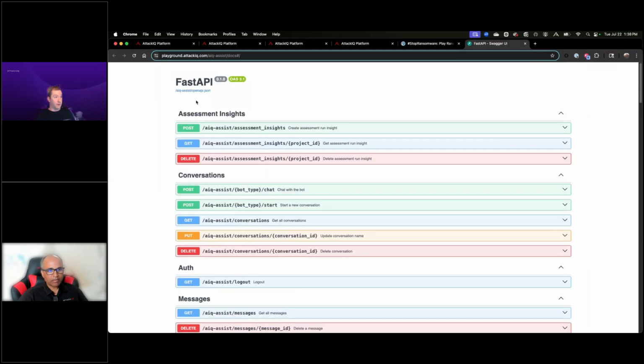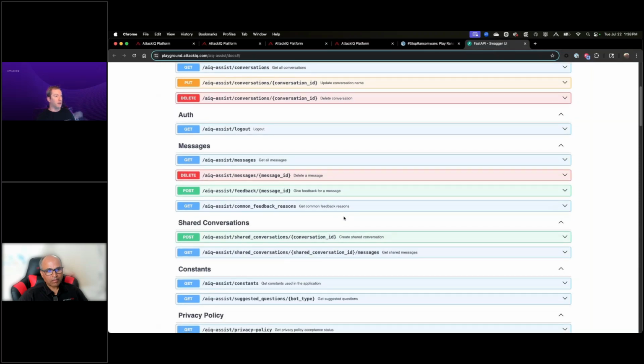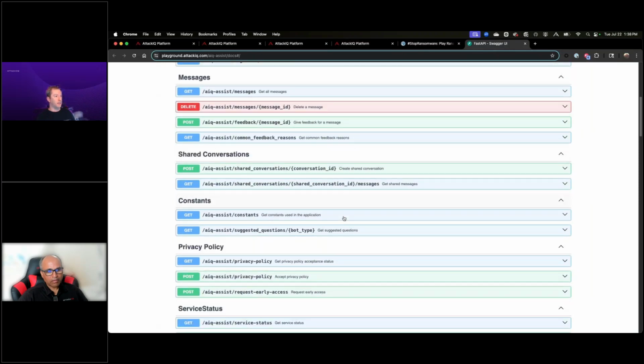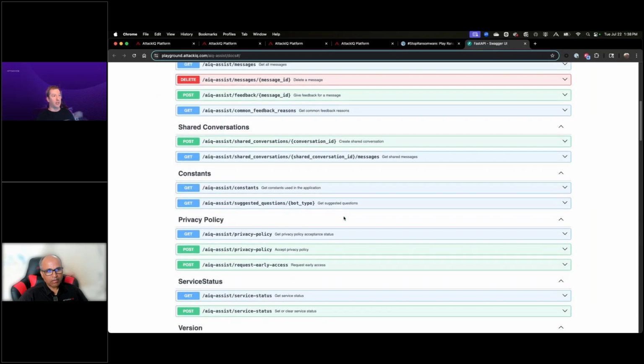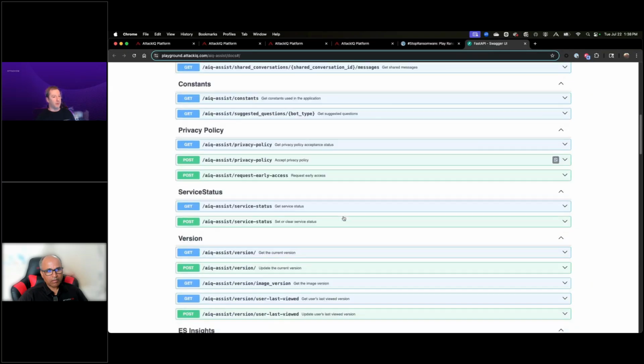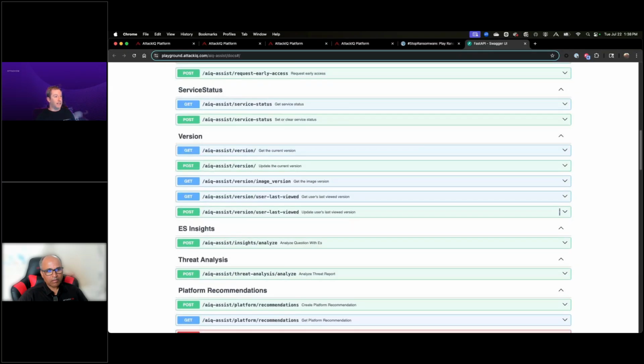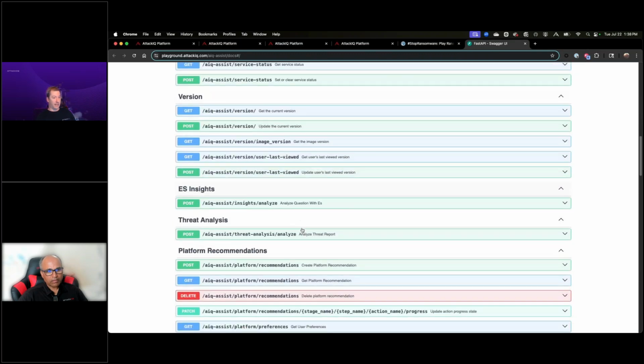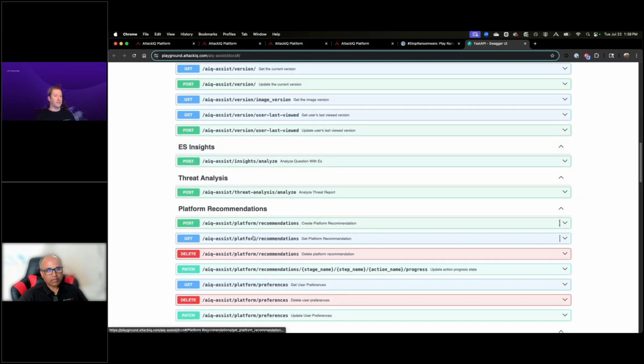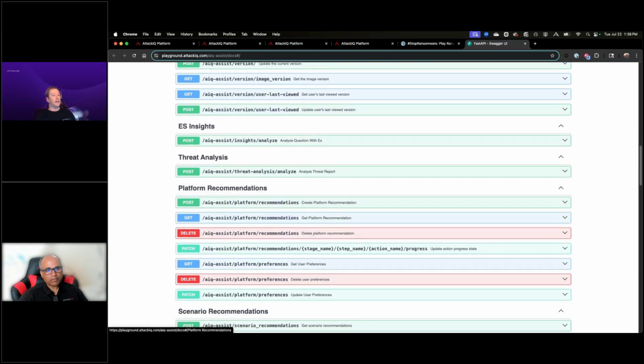So I can do things like send a Sigma, Yara, or Snort rule and get back JSON with a plain English language explanation, MITRE mapping, prerequisites. I can validate things by getting Ava to suggest relevant scenarios to test. So you see all of these insights, the analysis, the recommendations. I can pull back measurements like my health scores, my precision and recall, and put all of that into my SOC dashboards.